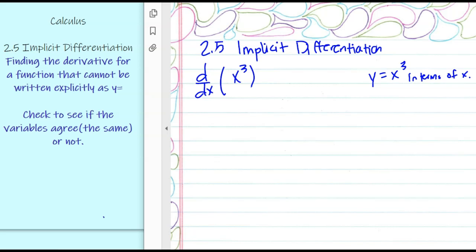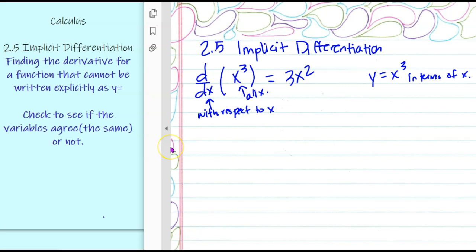And so we're going to say that these variables agree. This is taking the derivative with respect to x, and this is all in x. So we do this like normal. We take a power rule. We would say the derivative is 3x squared.